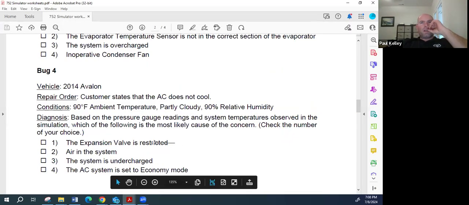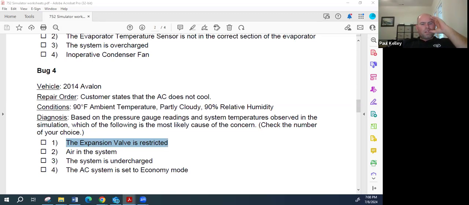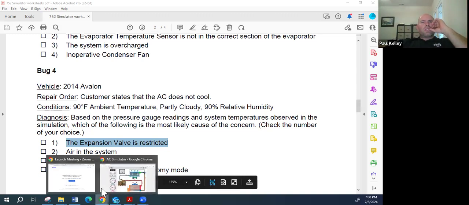If the expansion valve is restricted, that would cause the low to be too low. Would you guys agree with that? Anybody got any follow-ups for that, or you feel decent? Feel like that one was all right? I think that one was all right. Okay, so if that's the case, we'll do 4 for number 1.